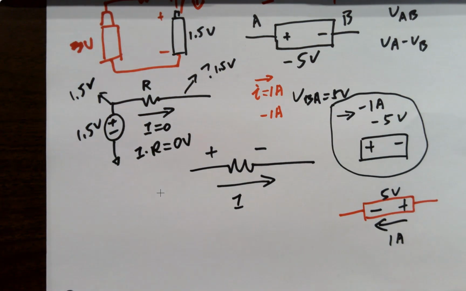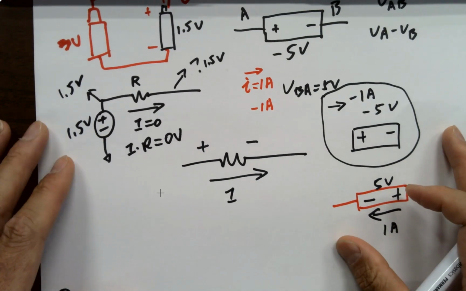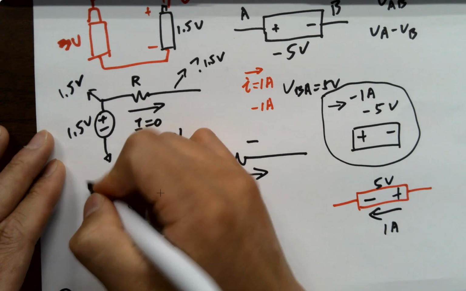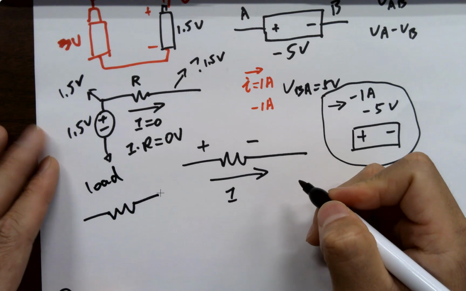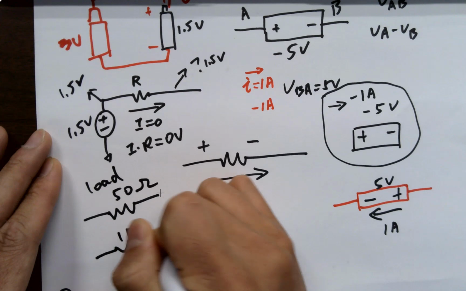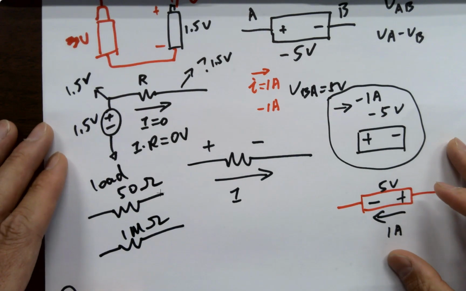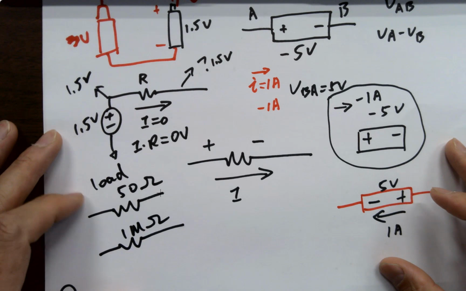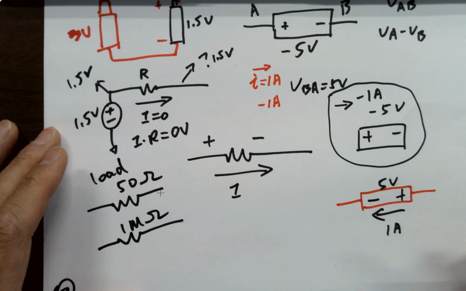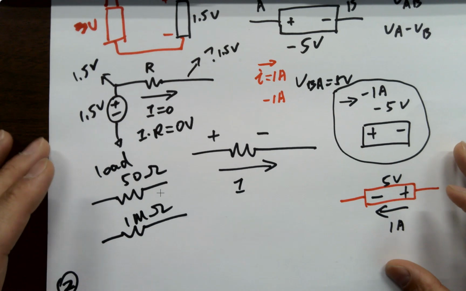Okay. Another note I want to bring up here. When we talk about load, 50 ohm load, 1 megohm load, which one is the big load? Why? Because it's bigger? Yeah, assuming they're the same current, right? But you always supply current with a voltage supply.